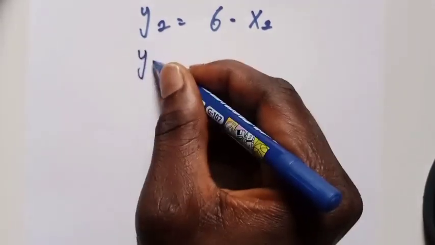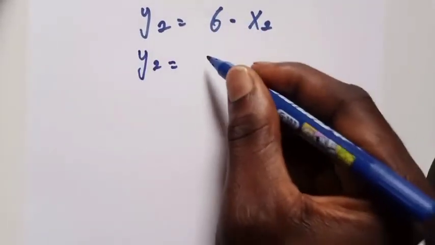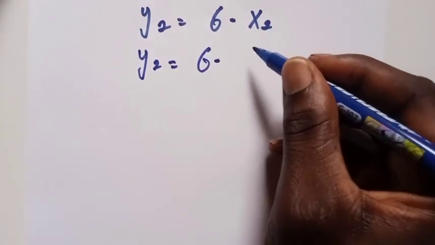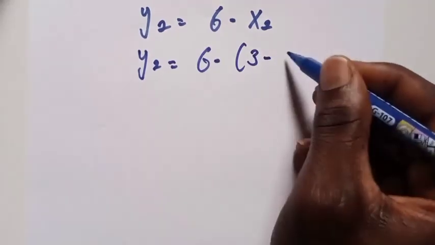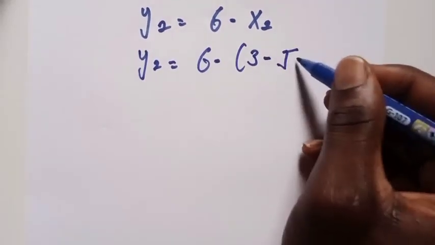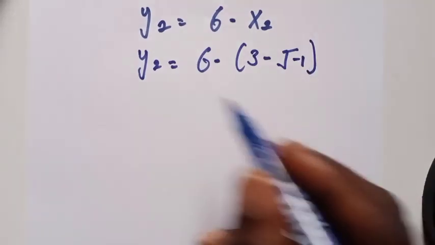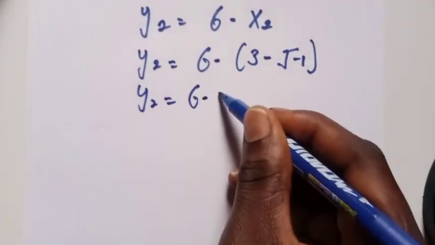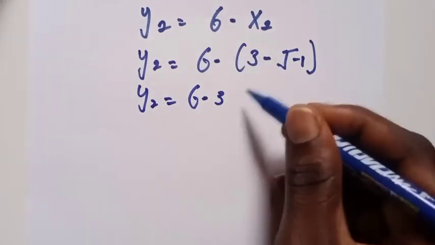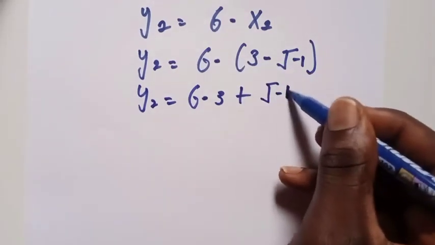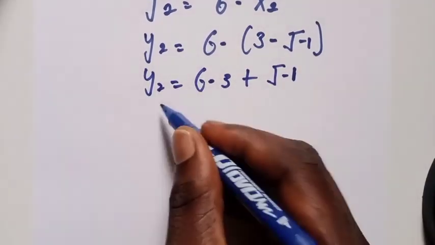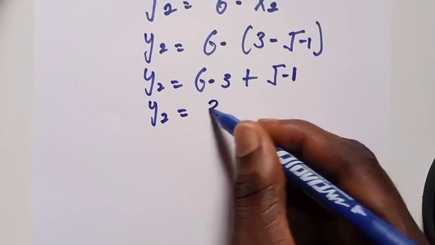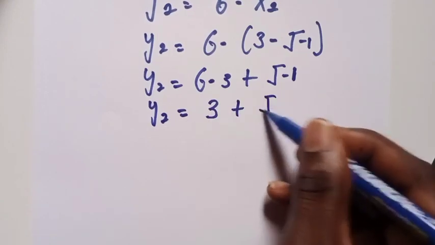We have y2 equal to 6 minus our x2, which is 3 minus root minus 1. So from here, y2 will be equal to 6 minus 3 plus root minus 1. So y2 here will be equal to 3 plus root minus 1.